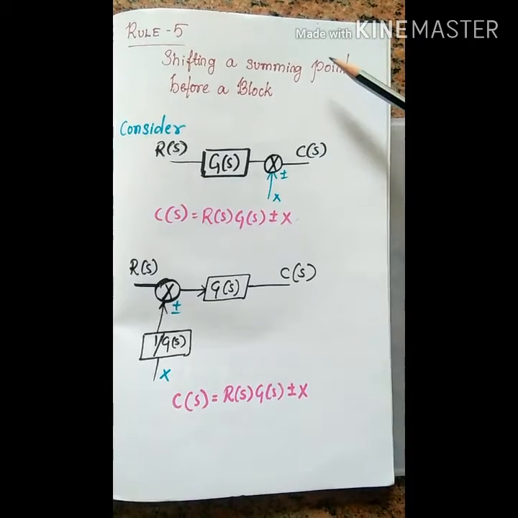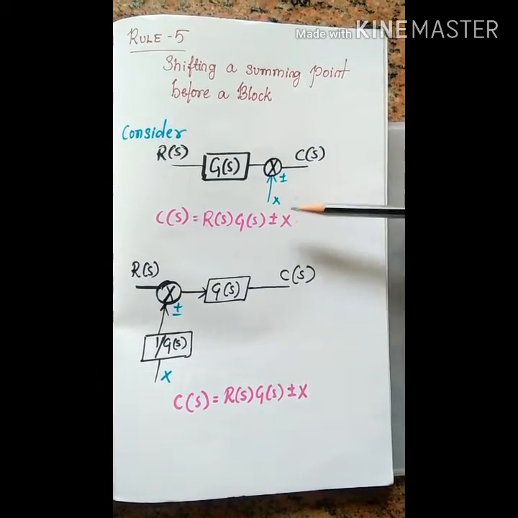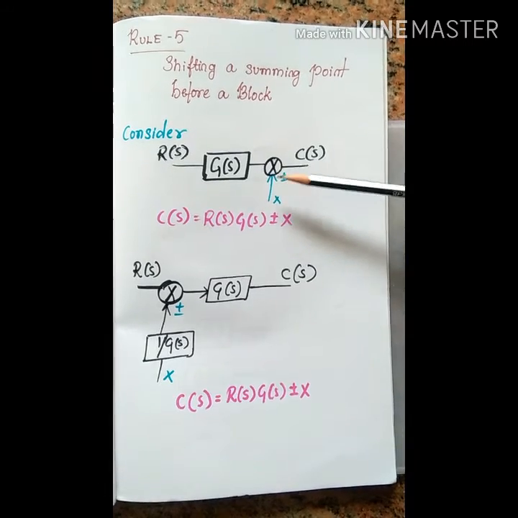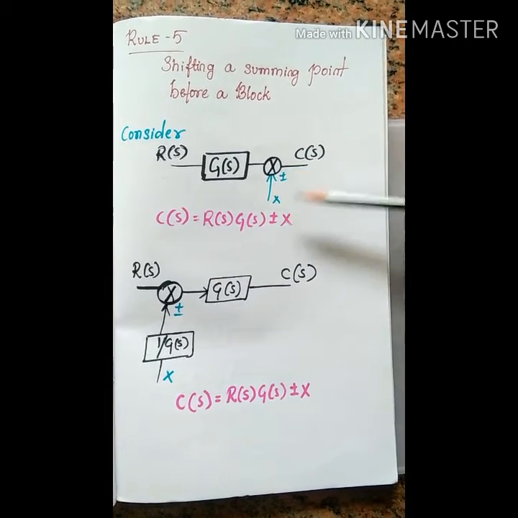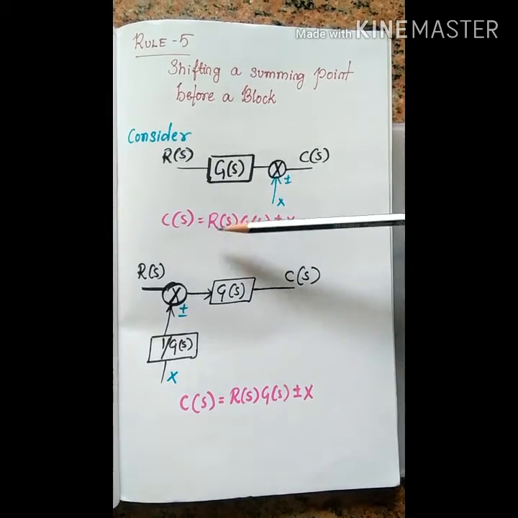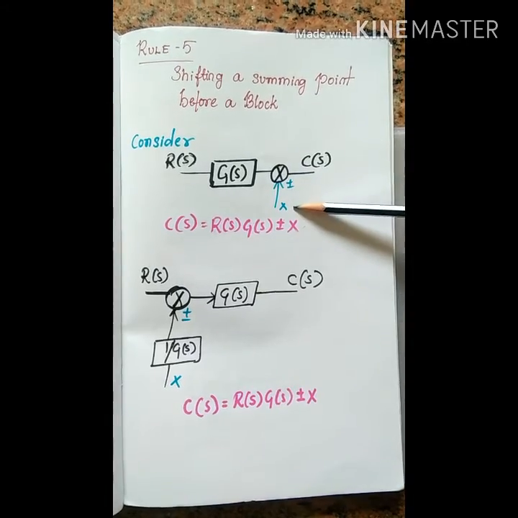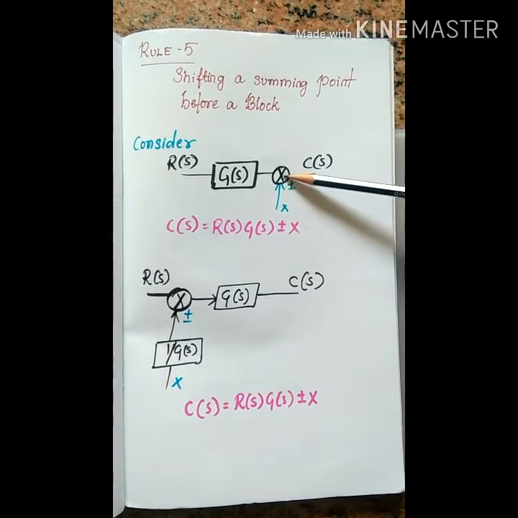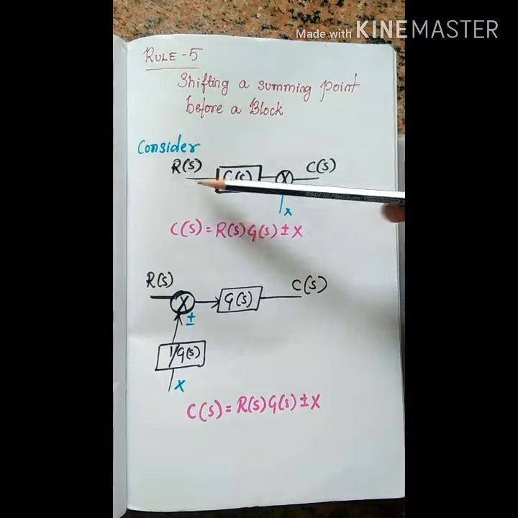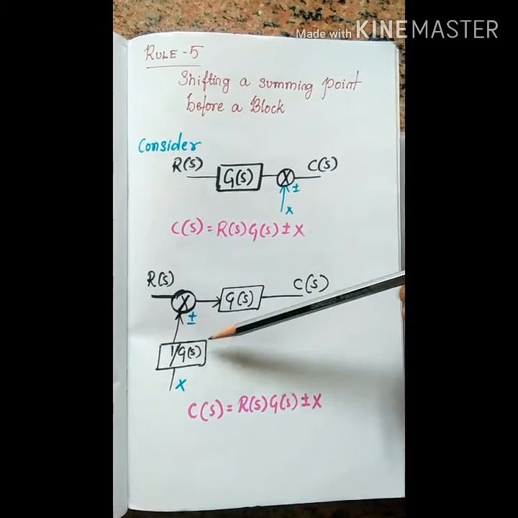Now rule number 5, which is shifting the summing point before a block. Now let me consider this particular block diagram which has a summing point plus or minus x, wherein the output for this block diagram is R of s into G of s plus or minus x. Now when I need to shift this summing point before this block, I simply need to divide 1 by G of s.